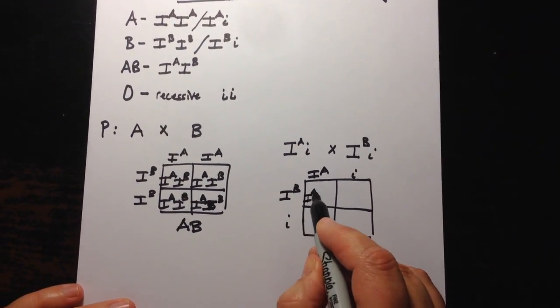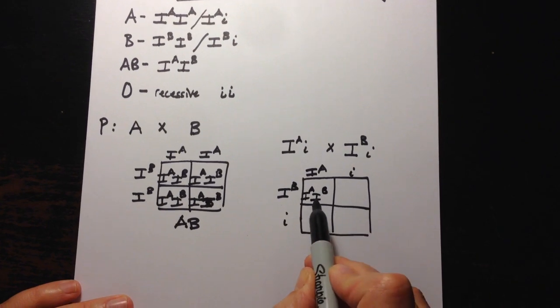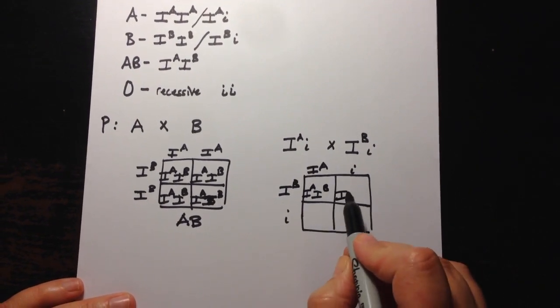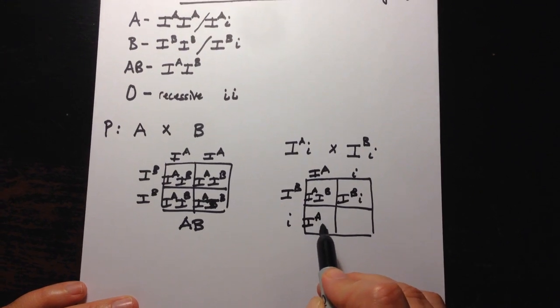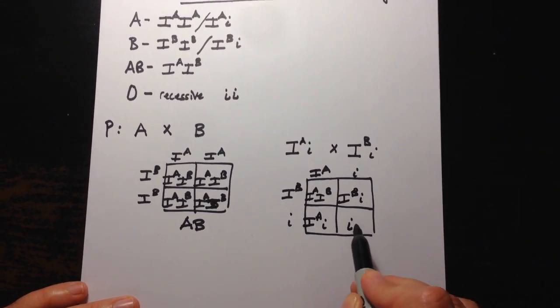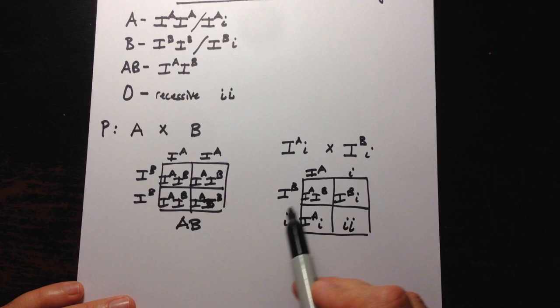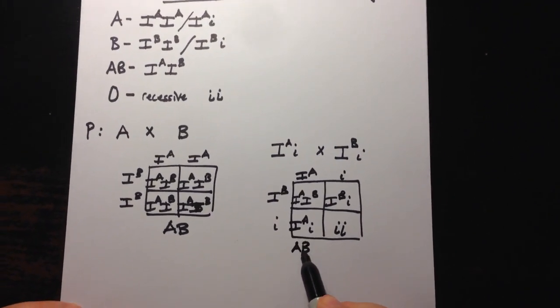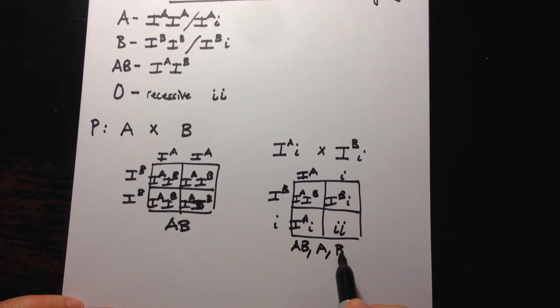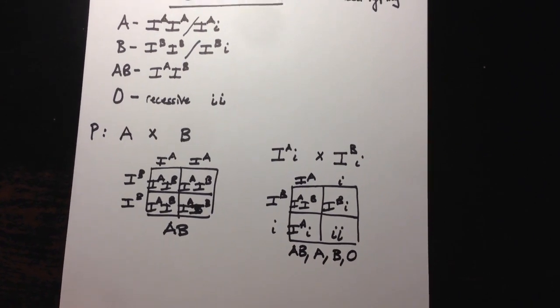We combine them in the Punnett square. There we have a type AB blood. Over here we're going to have type B blood. Then here we'll have type A blood, and look what happens here when you combine the two recessive alleles. You get a type O. So you can make type AB blood, A blood, B blood, or type O blood.